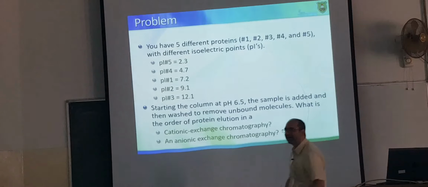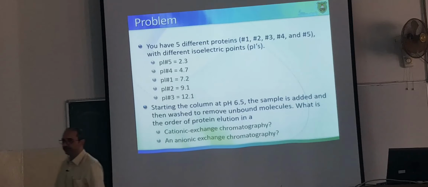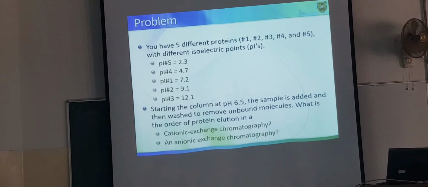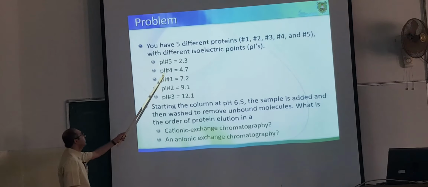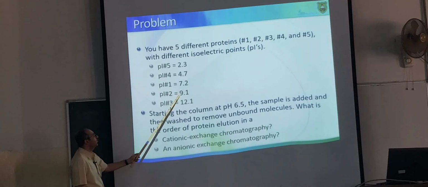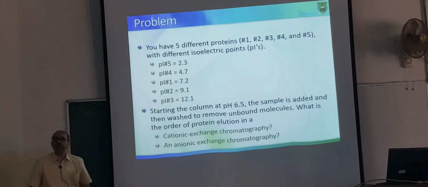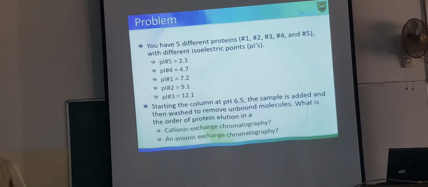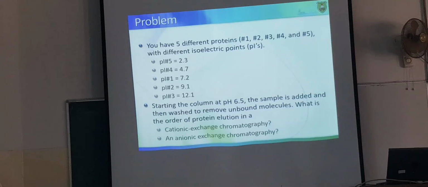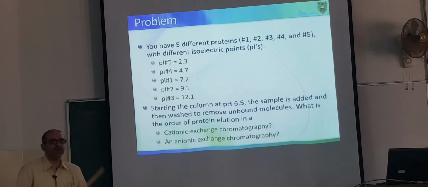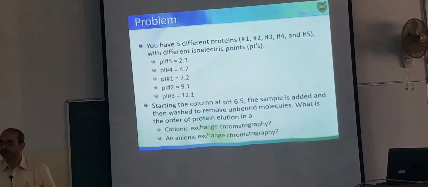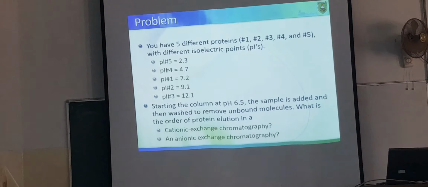Now let's come to this problem and test your understanding. You have 5 different proteins: 1, 2, 3, 4, and 5. They have different isoelectric points: 2.3, 4.7, 7.2, 9.1, 12.1. Which protein has the highest number of positive charges at neutral pH?